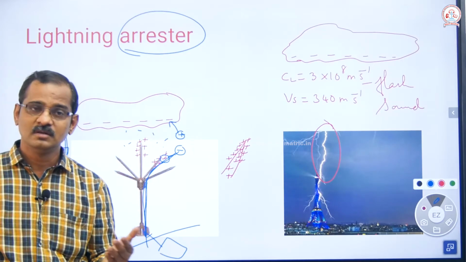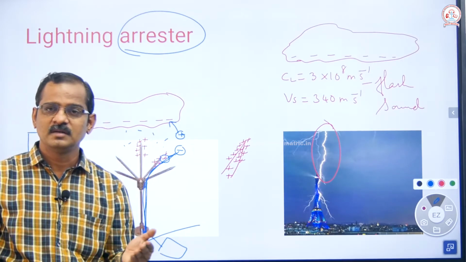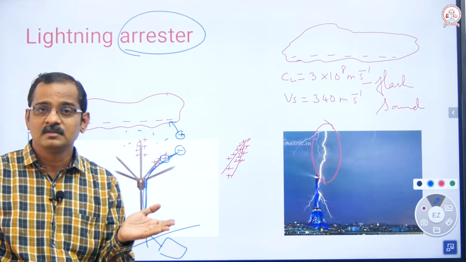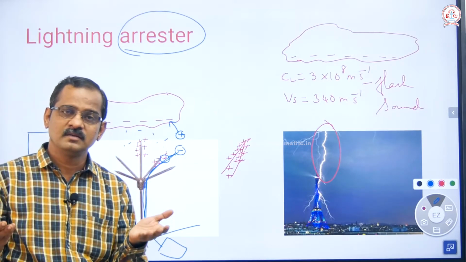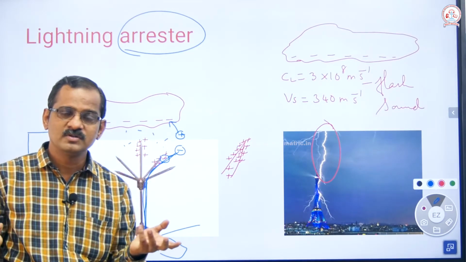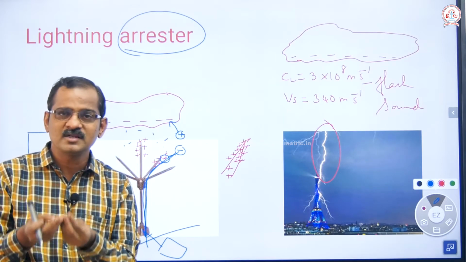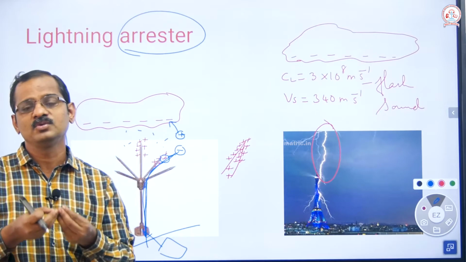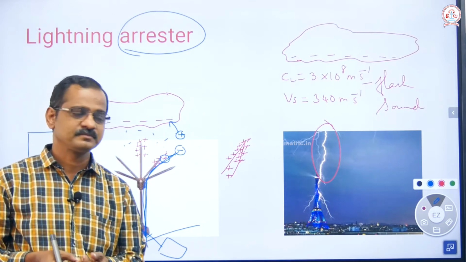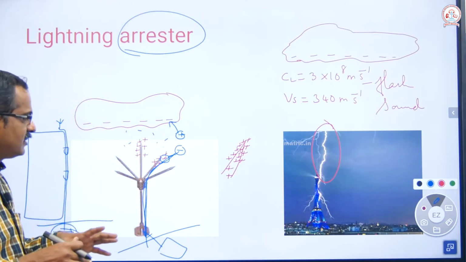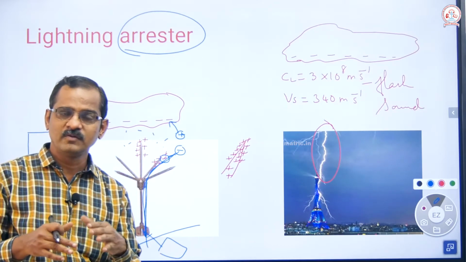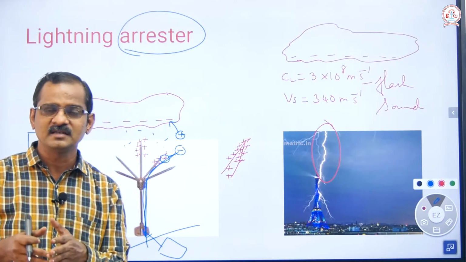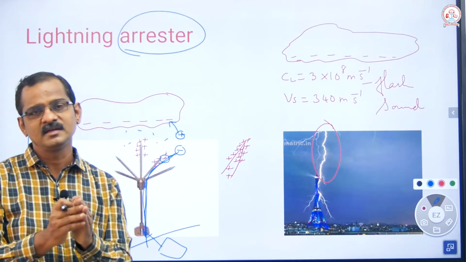Actually, if you look at the worldwide average, many people die due to lightning. You could say that at least one person on average is dying per day due to lightning. So when there is lightning, if it is heavily raining or there is lightning and thunder, we should not stand under a tree.